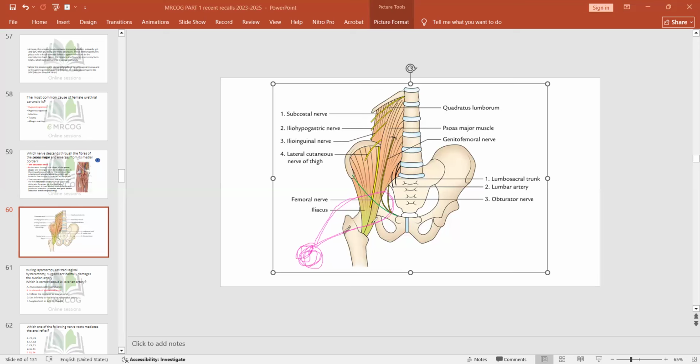And this is one of the mechanisms by which we can injure the femoral nerve. If the femoral nerve is injured, the patient is not going to be able to climb upstairs or get down stairs or ride a horse or kick a ball or stand upright.